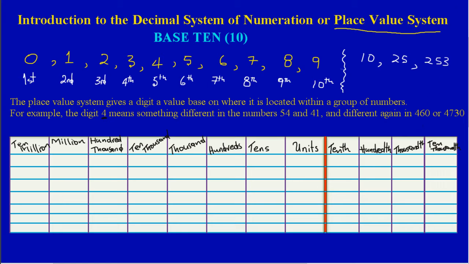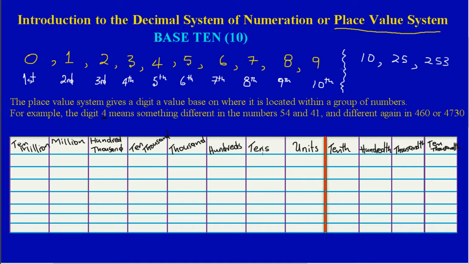Now the general thing that I would want you to capture is the fact that as I move to the left of my decimal point in the place value system, the number is getting larger and larger. For example, the immediate left is my units, that's my ones column.